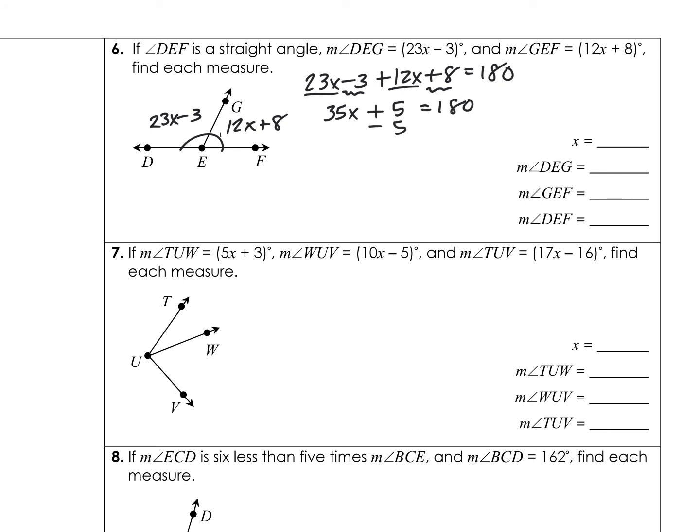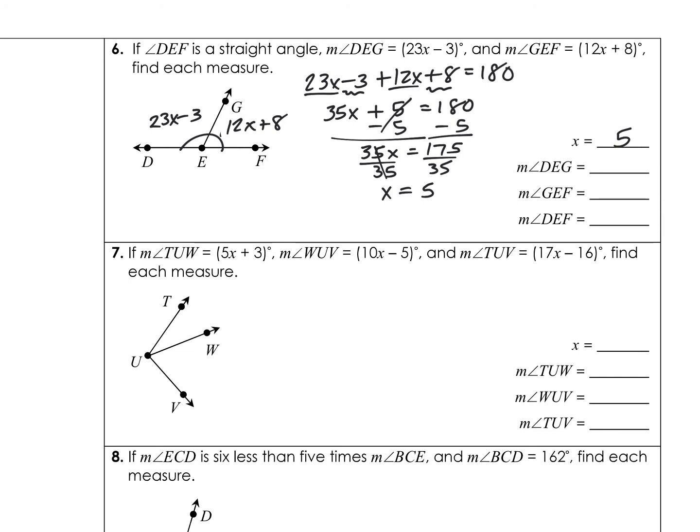Okay. Subtract 5 from both sides, and 35x equals 175. Divide by 35, and x equals 5.